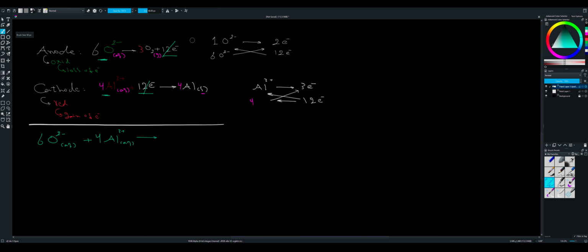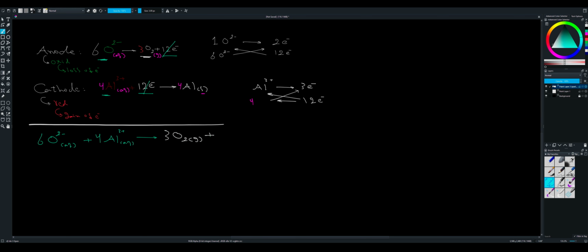Okay, here we go. And for our products, we have 3 oxygen atoms, which are going to be causing some trouble in a second, and I'll let you know why.